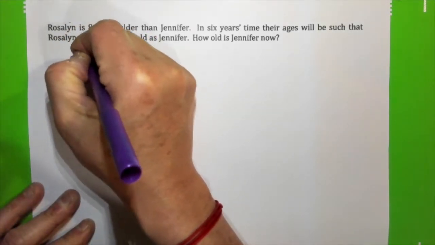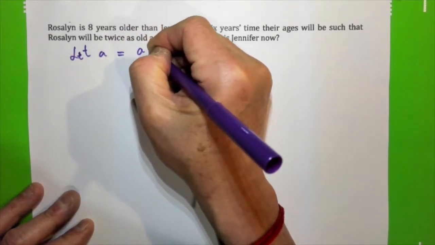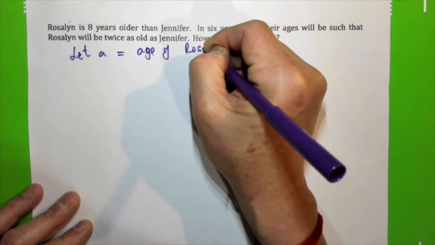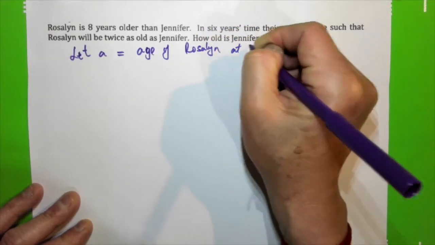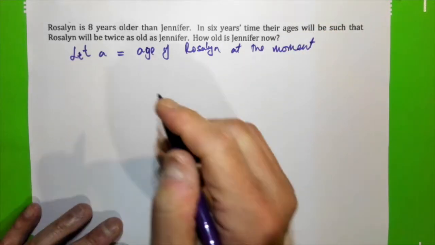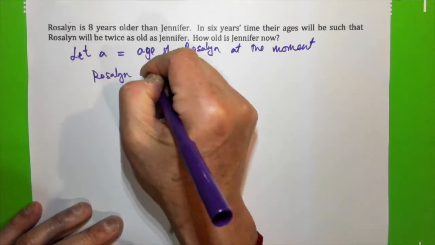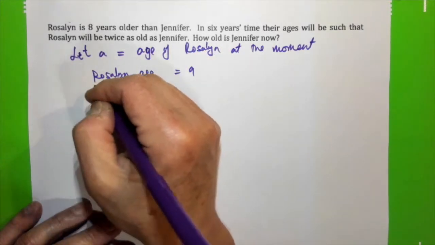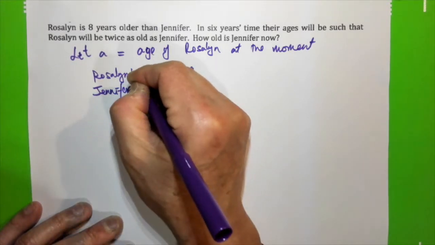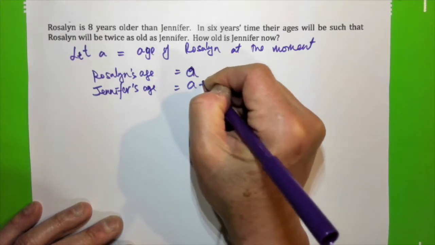So, let A be the age of Rosalind at the moment. So Rosalind's age equals A, and therefore Jennifer's age equals A plus 8.